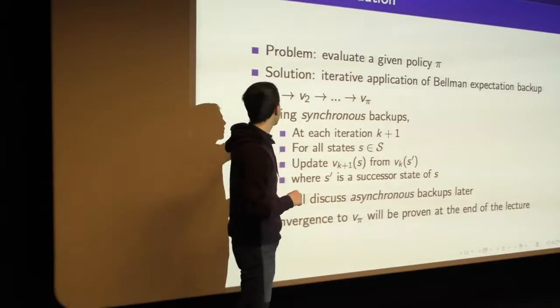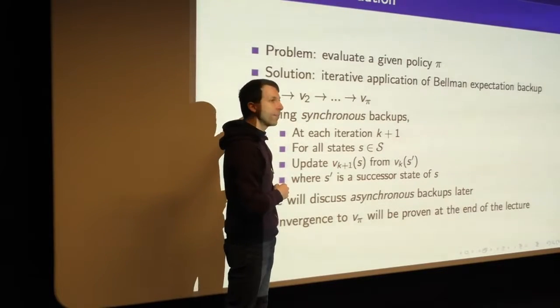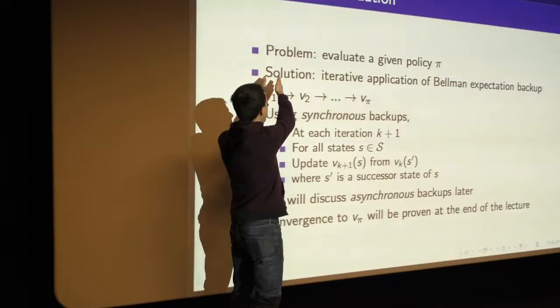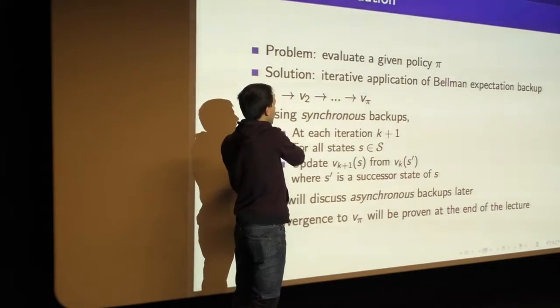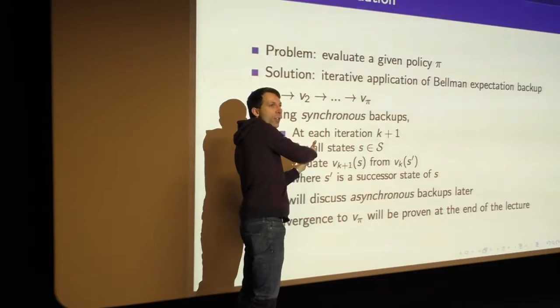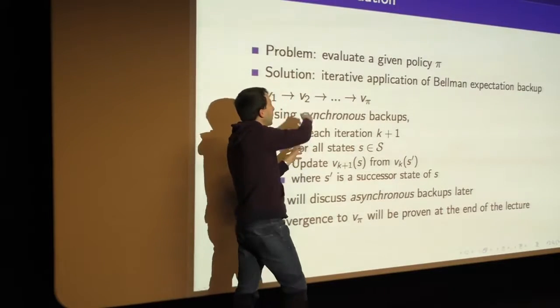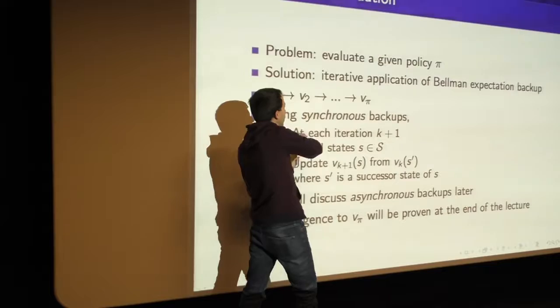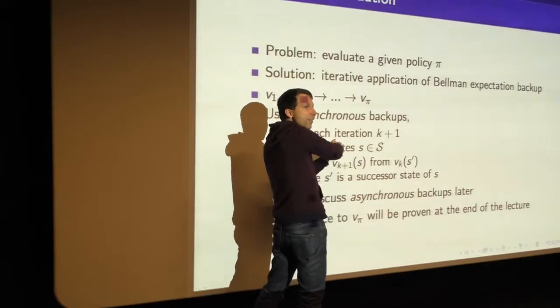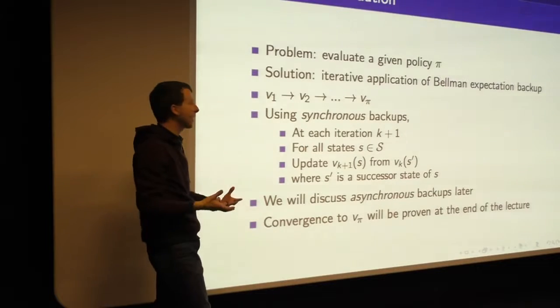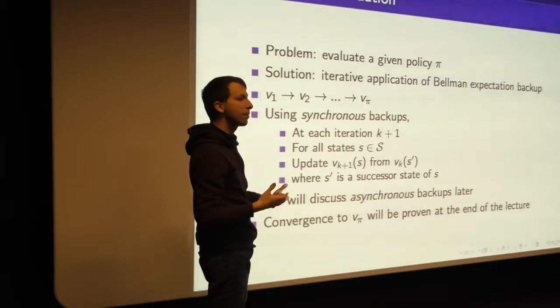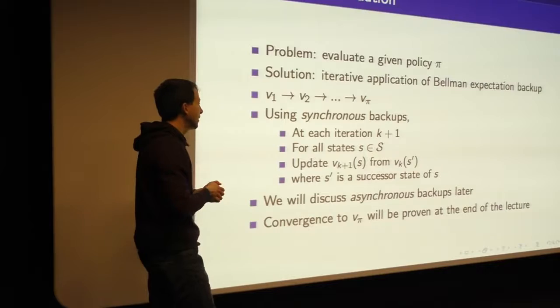We start off with our previous value function, and we apply our iterative update to every single state in this value function to produce a complete new value function for all states. Then we apply a complete new update to give us another new value function. That's called synchronous evaluation. We consider all states at every step. And we'll consider asynchronous backups later, which can be more effective. But this is the simplest case.